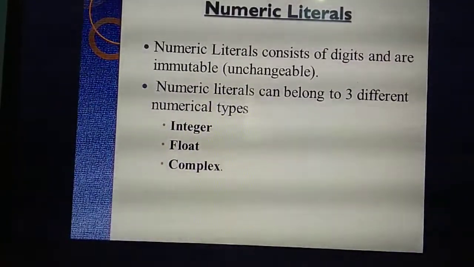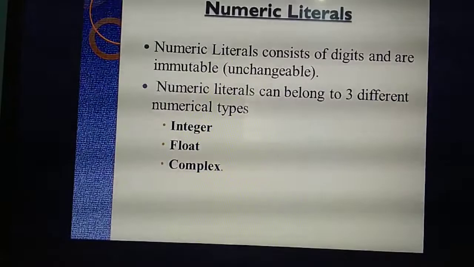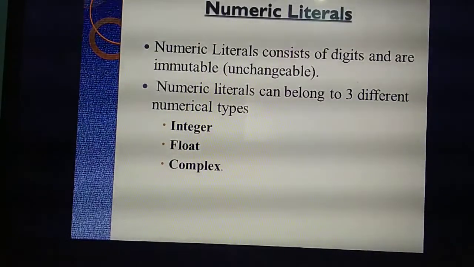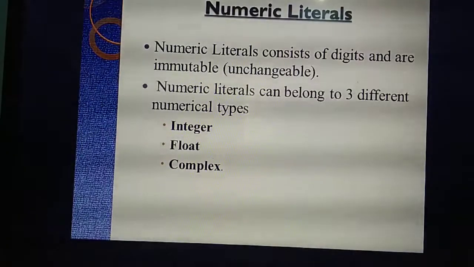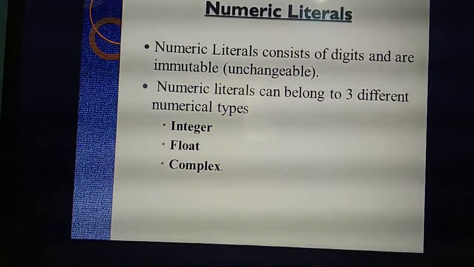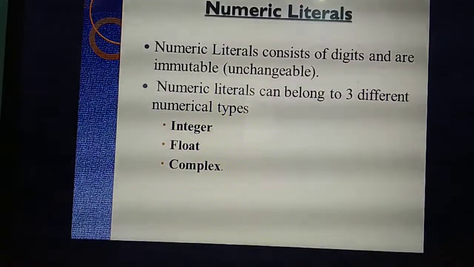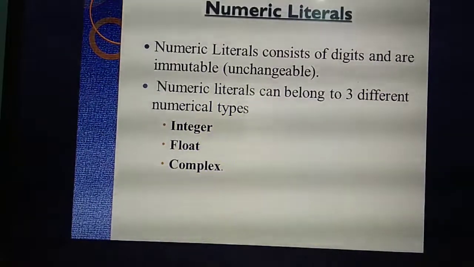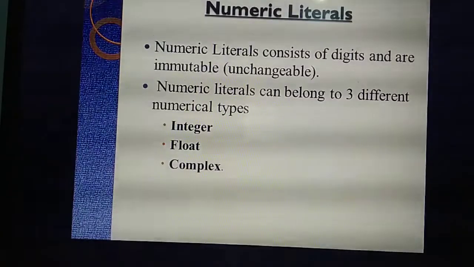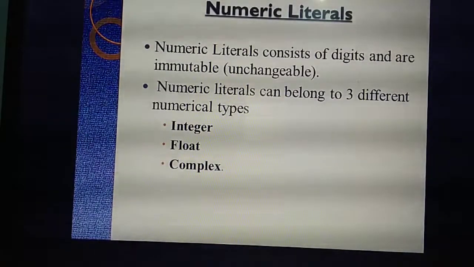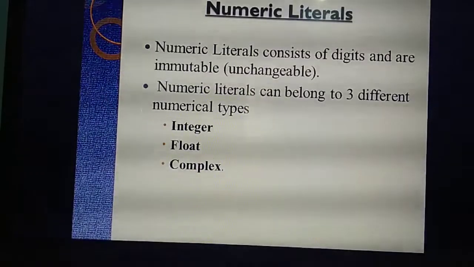What's the first type? Numeric literals. The name itself has numeric. What do you mean by numeric? Numbers. This numeric literals consists of digits. Numeric literals is nothing but numbers. And these numbers are immutable. What's the meaning of immutable? Unchangeable. That is why I have given unchangeable inside the bracket.